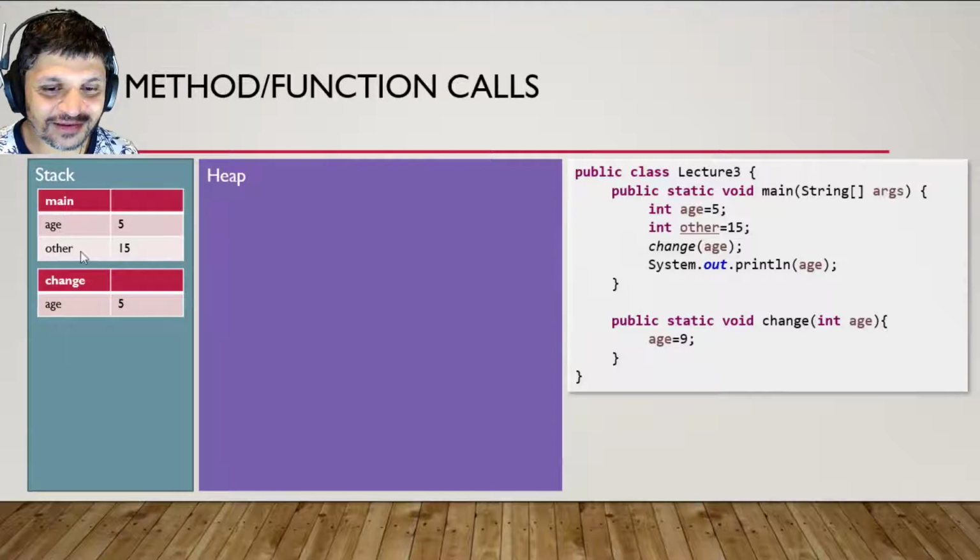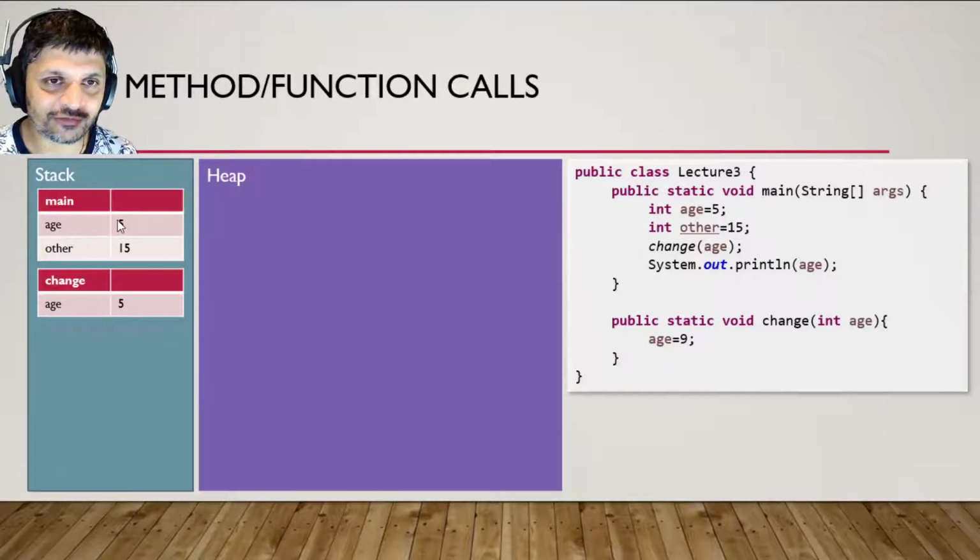The interesting thing here that I want to just point out is that although these variables are both called age, you'll notice that this variable age is local to this method and this variable age is local to this method. So they are two variables that just have the same name, but they're in no way the same variable. You've got one age variable in the main stack frame which has value 5, and one variable in the change stack frame which has value 5.